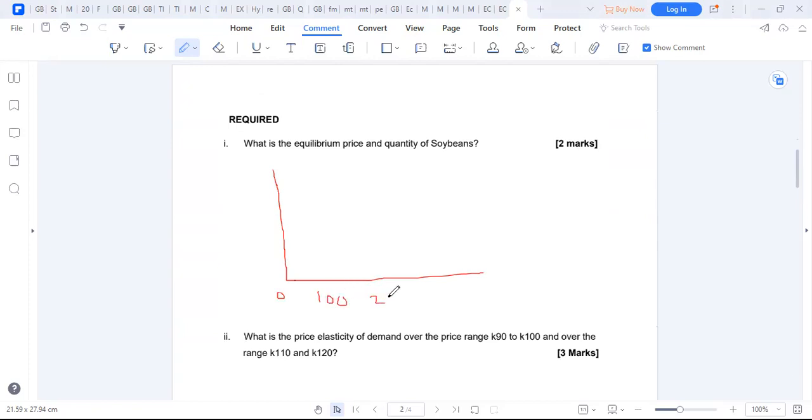On one axis we have 100, 200, 300, 400, 500.